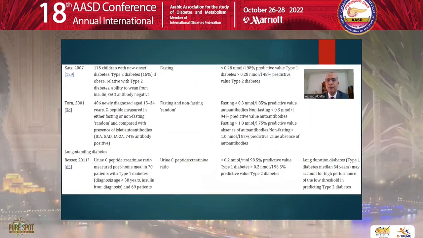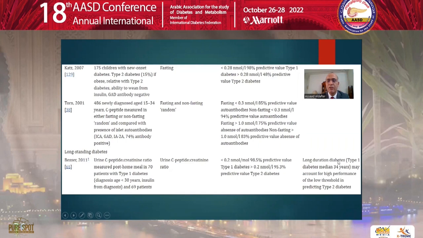The Katz group also repeated many studies and found a very predictive value for type 2 diabetes diagnosis as well as type 1 diabetes. Not only this, but even longevity, so the time of measurement is also important.